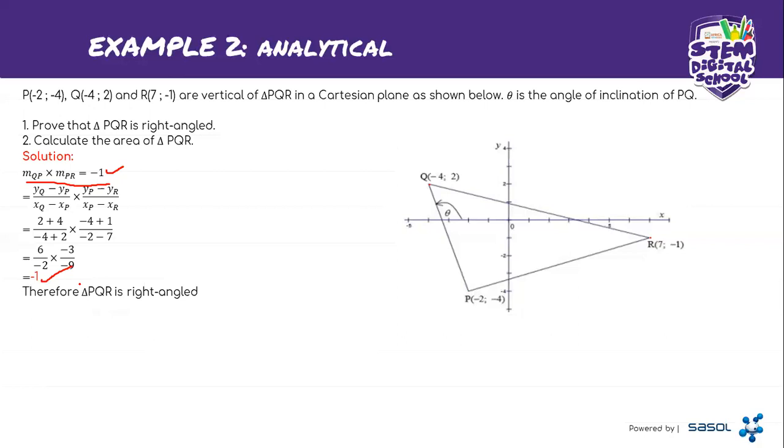All right, so that is how you should prove that a triangle is a right angle. You multiply the gradient of two sides, and if they give us a product of -1, then it tells us that that triangle is a right angle triangle.